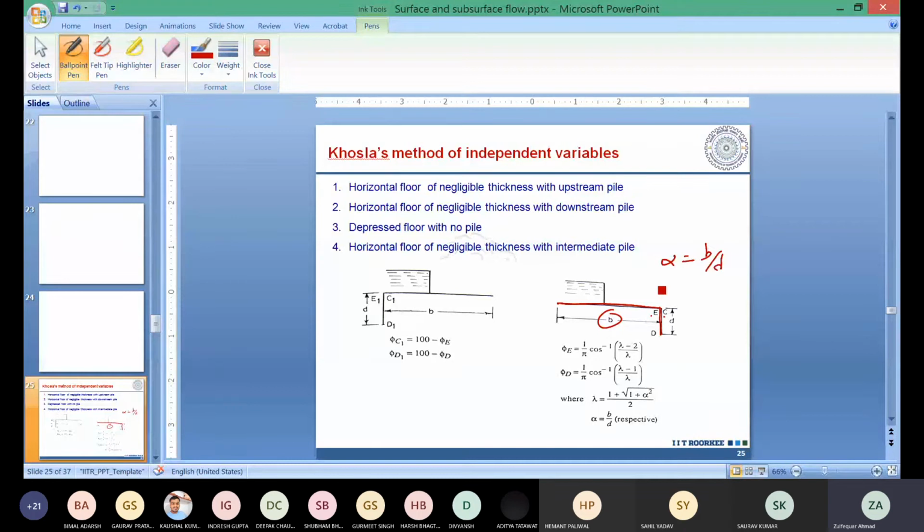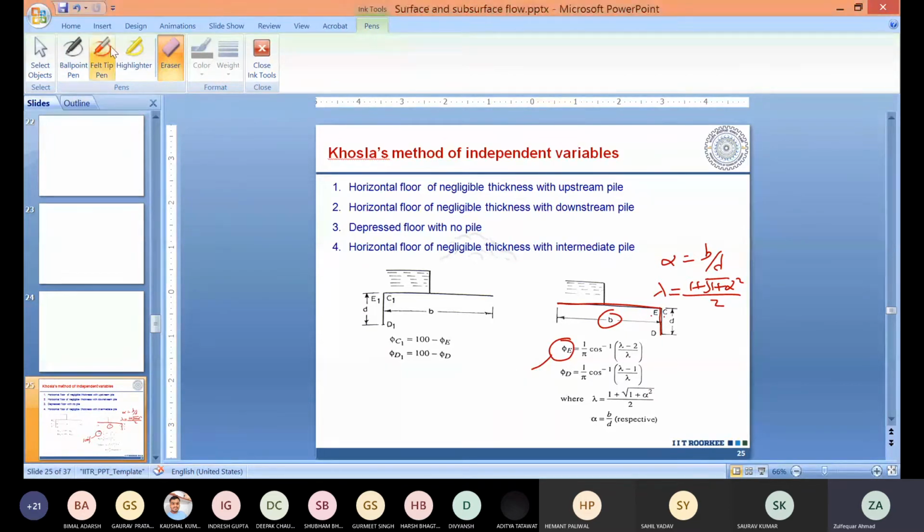Okay, and then we introduce the lambda, which is equal to (1 plus under root 1 plus alpha square) divided by 2. Okay, so once this lambda is known, we can get the phi E. Virtually this phi E or the phi D, we will get in terms of percentage. It's not 100% here.